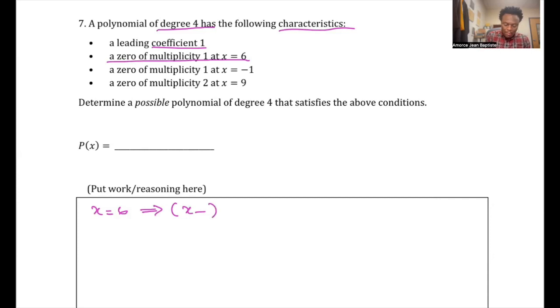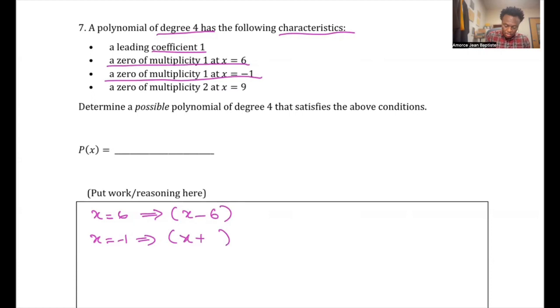And then you have another 0 of multiplicity 1, so x equals -1. So you're going to have a factor x plus 1.